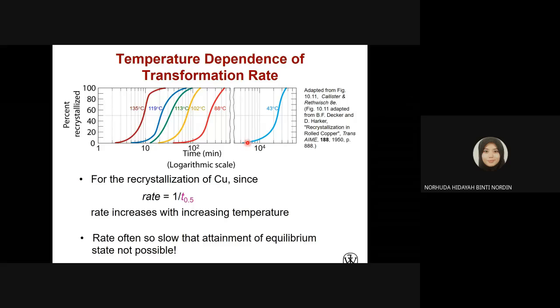The growth process starts, and it also will complete later compared to when you heat it at very high temperature. So rate increases with increasing temperature.